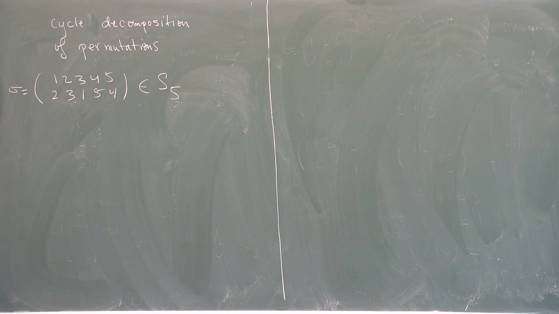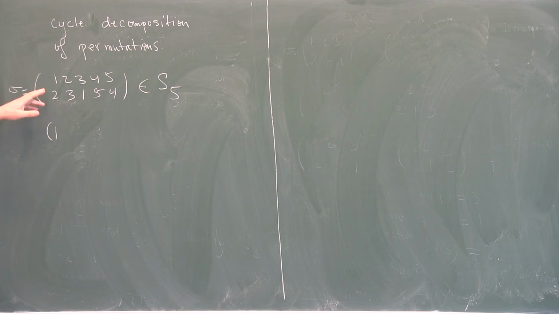Now, I want to write this as a product of cycles, which means the following. I open a parenthesis. I take a number on the top, like 1.